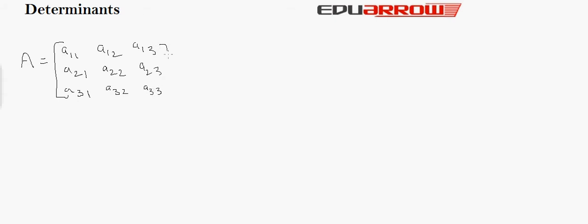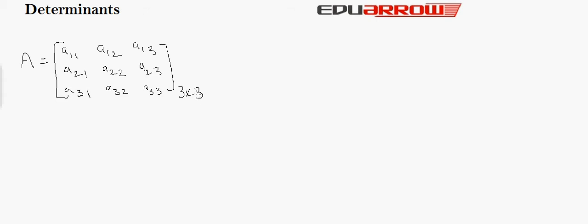Till now, we have seen the expansion along the first row. Now, if we have to expand along any row or any column, we will do it like this. Consider matrix A having the following: A11, A12, A13, A21, A22, A23, A31, A32, A33, which is of the order 3 by 3.